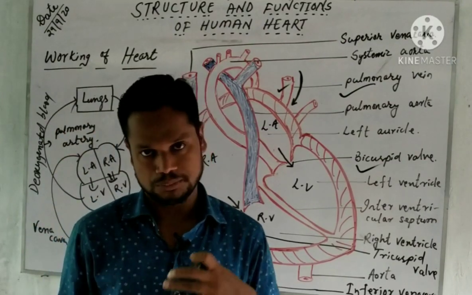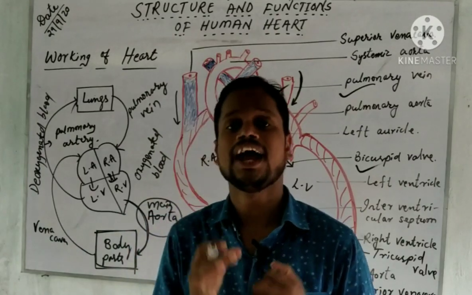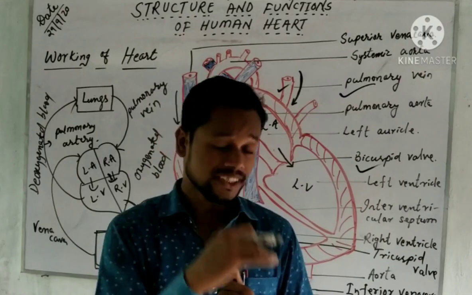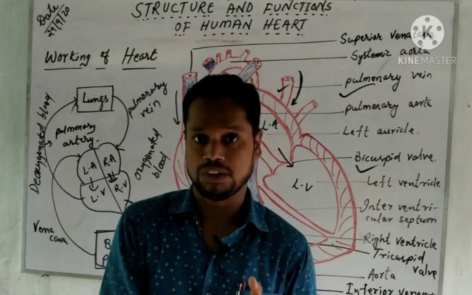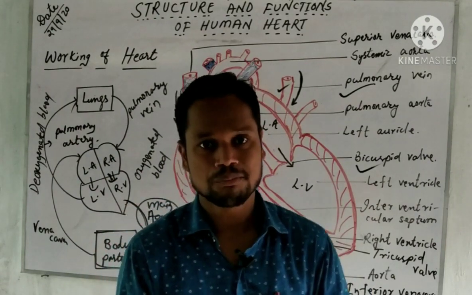Cellular respiration, or tissue respiration, will happen, and in that process energy will be produced. The carbon dioxide produced in the cell will mix with the blood, and that blood will convert into deoxygenated blood.